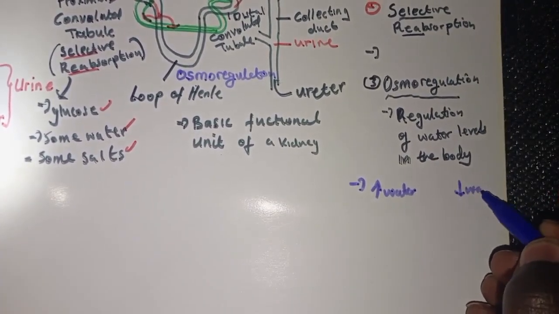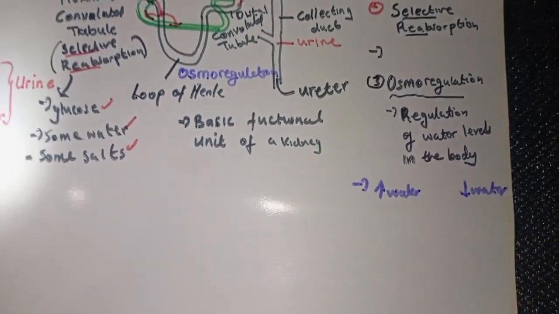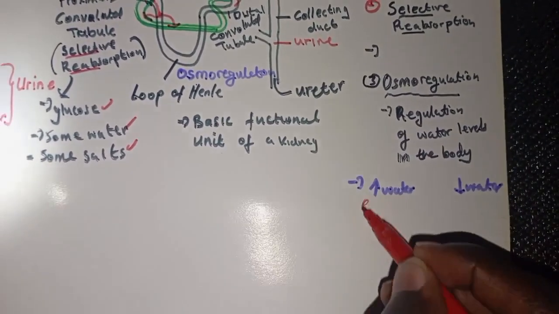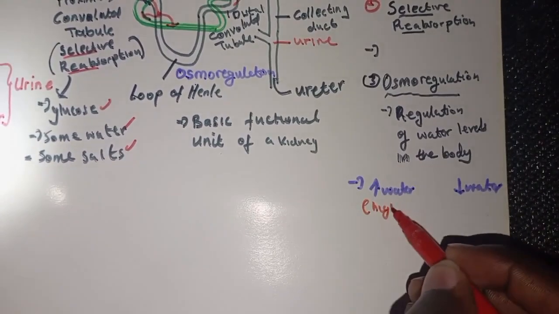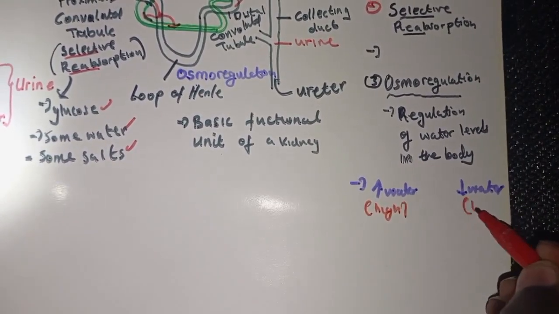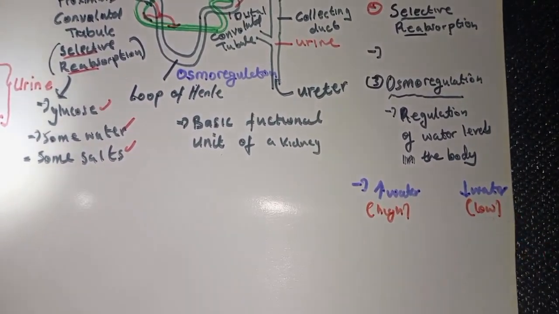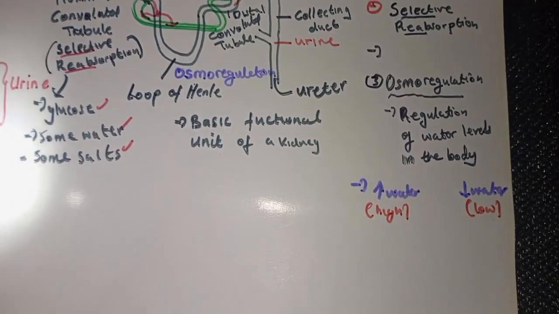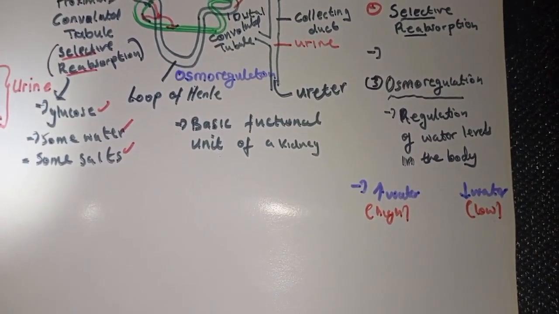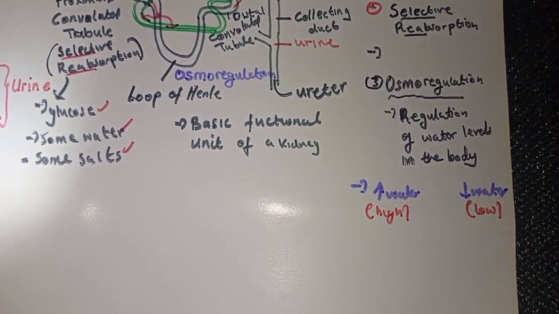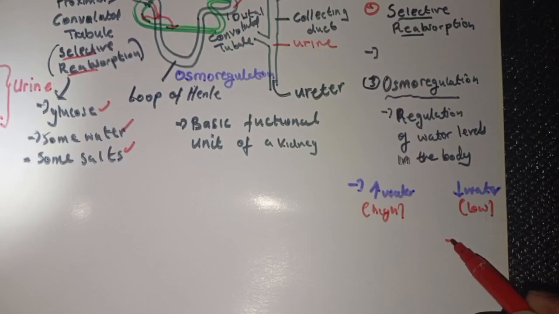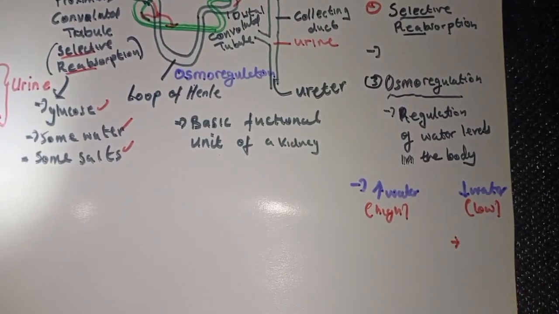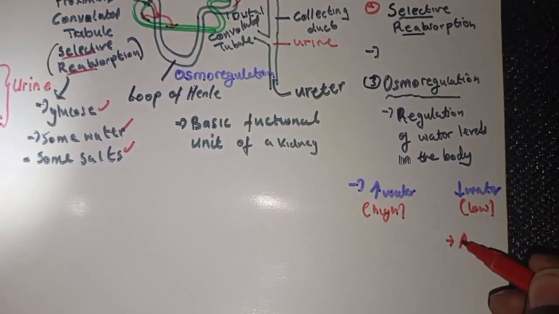This talks about when water levels are high. This talks about when water levels are what? Low. Forgive me, I have a bit of flu. So if the body has little water here, there is a hormone that is secreted, and this hormone is called ADH.